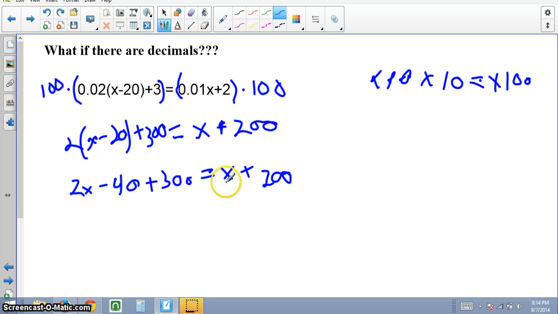And then minus x, and then this is negative 260. Whoa, positive 260, I'm sorry. It's 300 minus 40. So I'm going to add 260 to both sides.